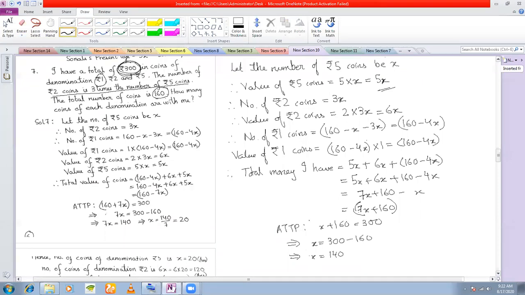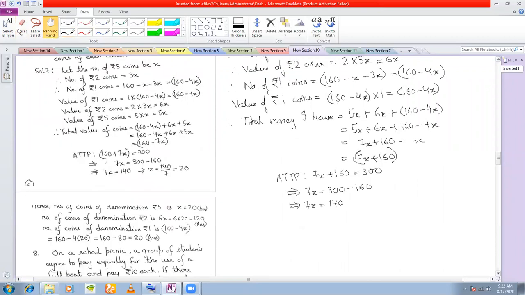So 7x plus 160 is equal to 300. So now I have 7x equal to 140, x is equal to 140 by 7, which is 20.